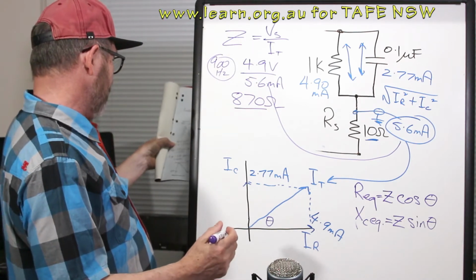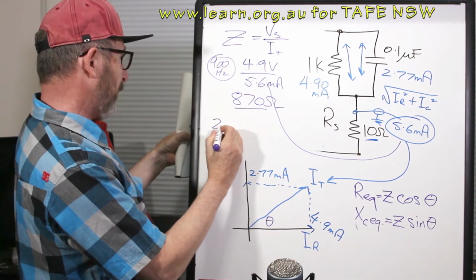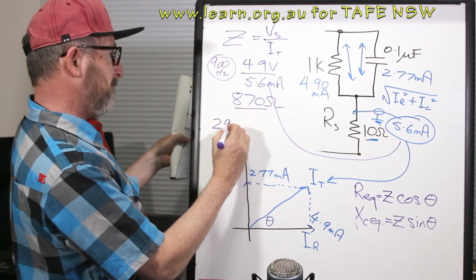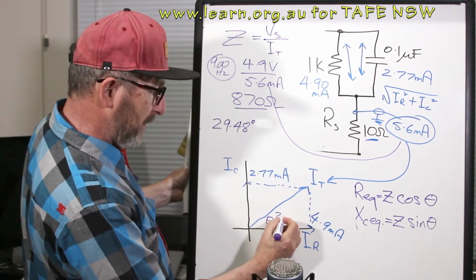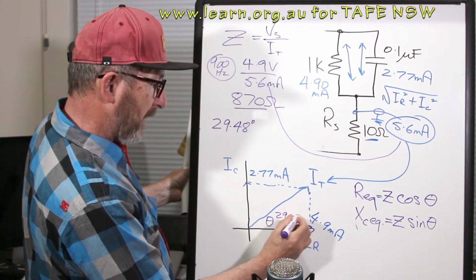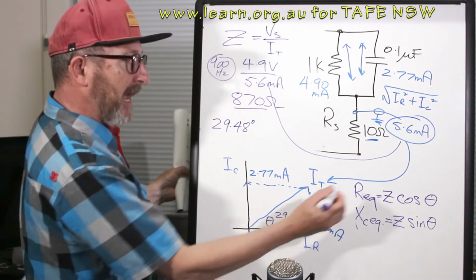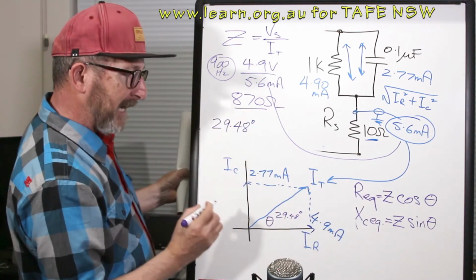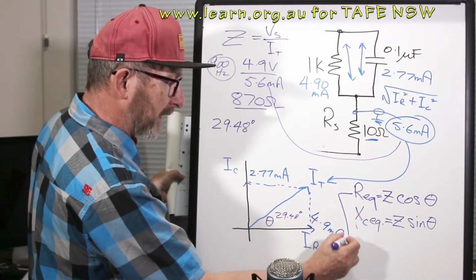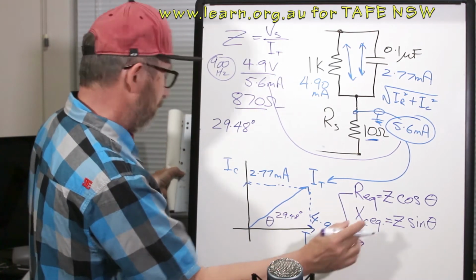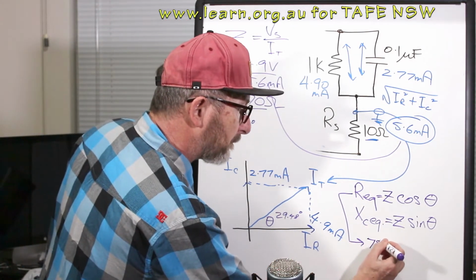The phase angle I got for this, and we've done this plenty of times, was 29.48 degrees. So I've got to take the cosine of 29.48 degrees and multiply it by the 870 ohms. That'll give me REQ, and REQ today worked out at 757 ohms.